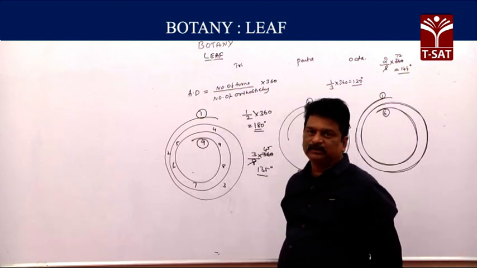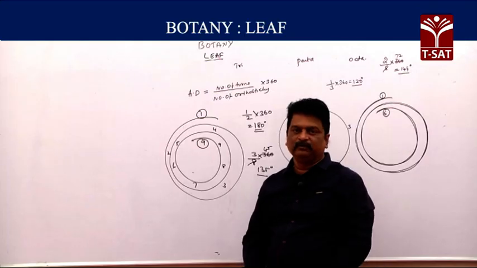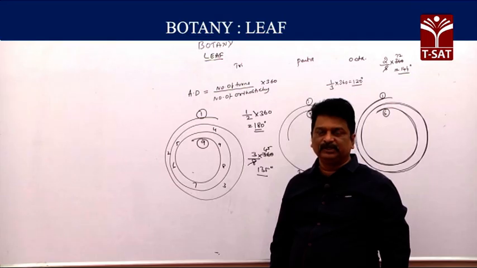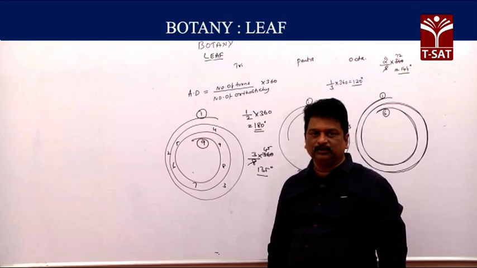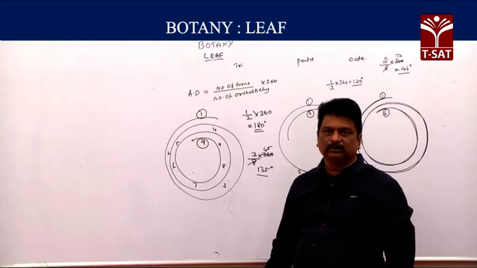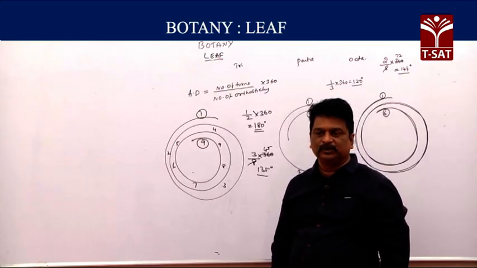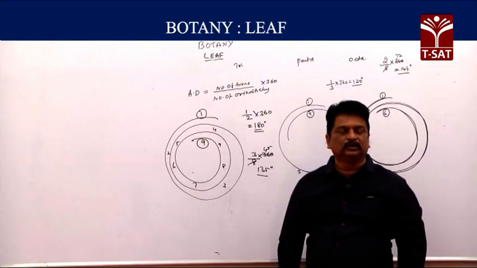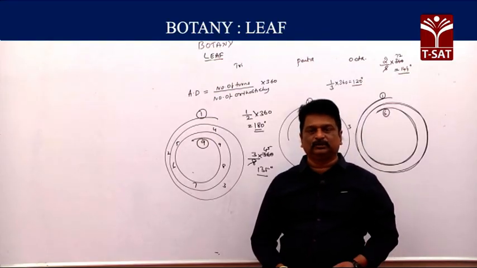The leaf base is the basal part of the leaf by which the leaf is attached to the stem, and this leaf base gives lateral appendages which are called stipules. Generally in dicots, leaves are stipulate, meaning the leaf has stipules, but in monocots the leaf is without stipules, called exstipulate.